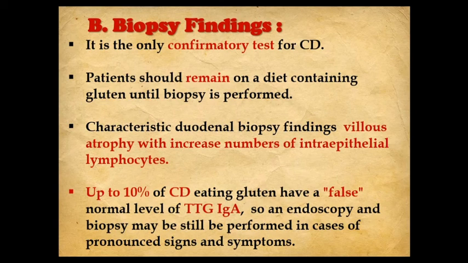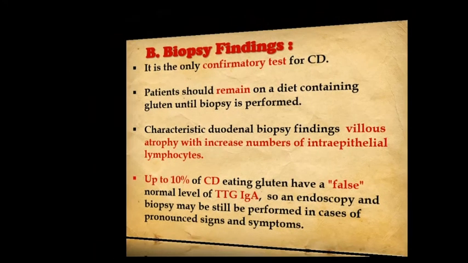We talk about the high sensitivity and specificity of TTG IgA antibody, but this says that up to 10% of those have a false negative, a false normal level. But if you have more pronounced signs and symptoms of celiac disease, you may do endoscopy to reach the final or definitive diagnosis.